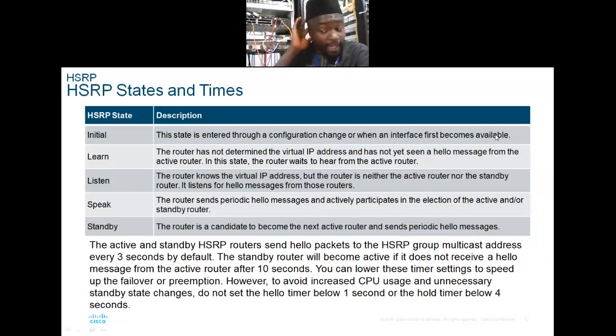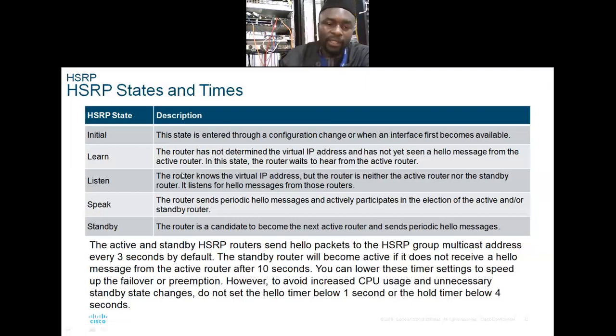Learn is when the router has not determined the virtual IP address and has not yet seen a hello message from any active router. So it's still a new router in place.